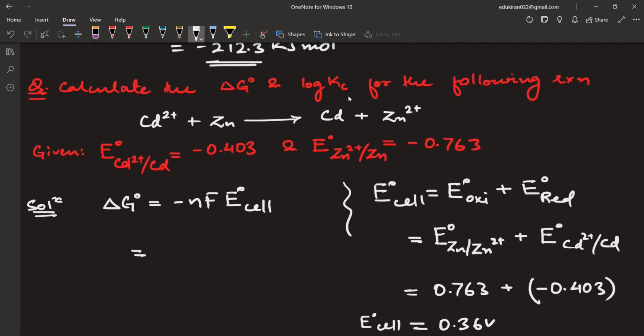How many electrons? Tell me guys, how many electrons? 2. So minus 2 into what should I write? What is the value of F? 96500. Very good. 96500 into what is E naught cell? 0.36. And whatever value you are going to get, this will be in joules per mole. Calculate this and you will be getting delta G naught.